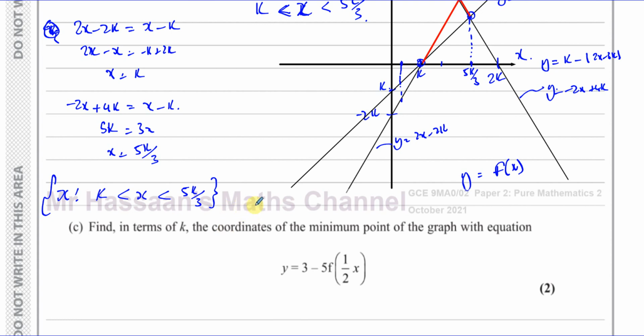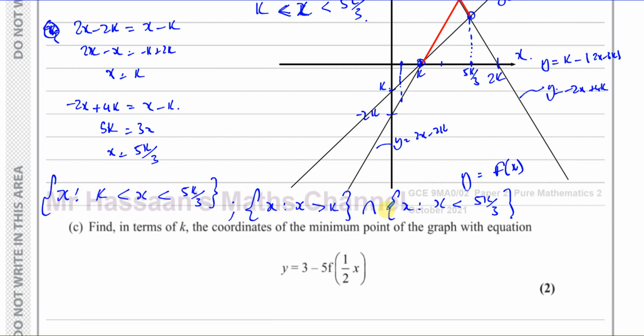Or if you want to, you can say x is such that x is greater than k, intersection with x is such that x is less than 5k over 3. Both of those are correct. I prefer writing it like this, but this is also correct.